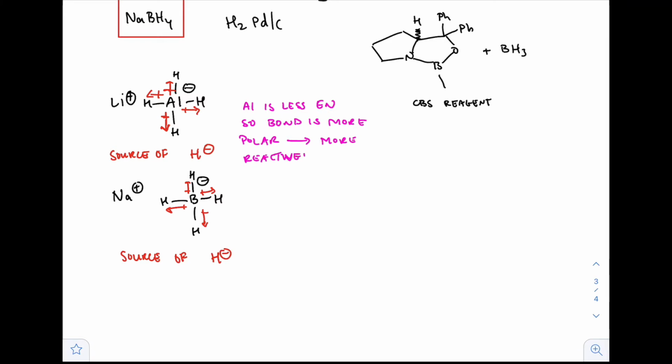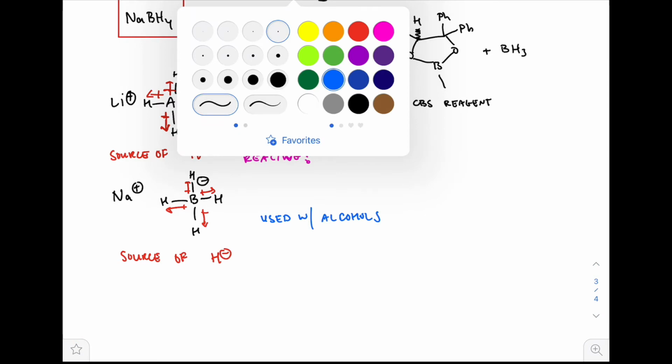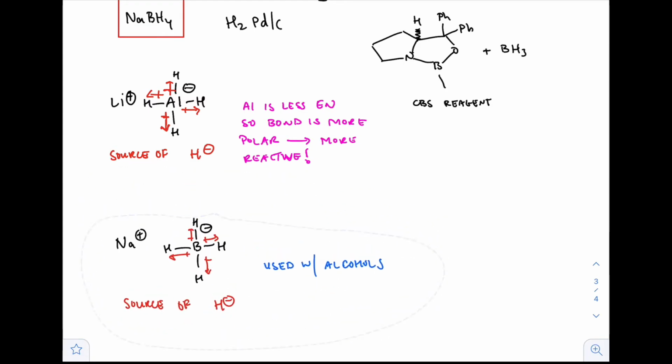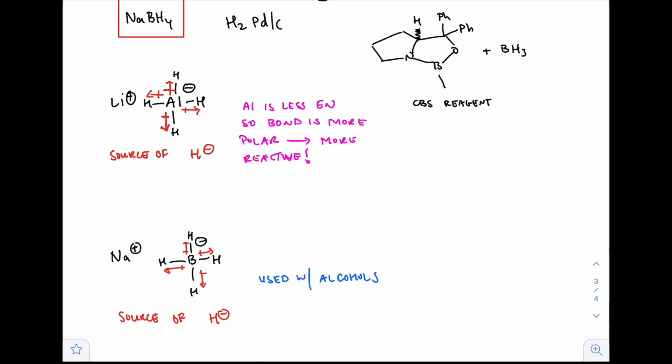But lithium aluminum hydride, aluminum is less electronegative than boron as well. Okay, so it's going to be more reactive. So sodium borohydride can be used with alcohols, but lithium aluminum hydride cannot. It's more reactive, and it reacts, let's just say, immediately with alcohols as well as water, right?